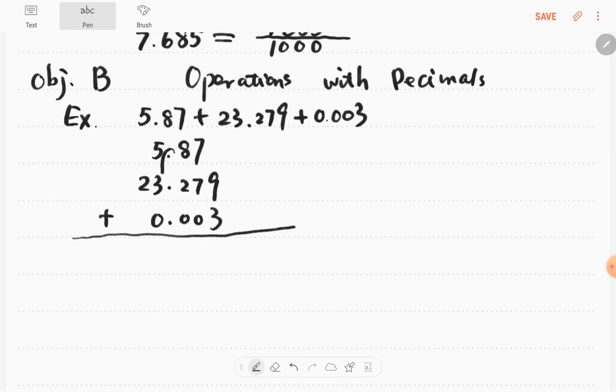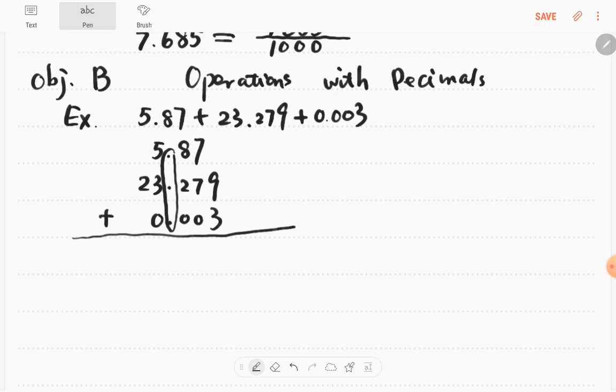Make sure you know the decimal points should be in the same line. Okay, that's the most important part. You should put your decimal points in the same line.